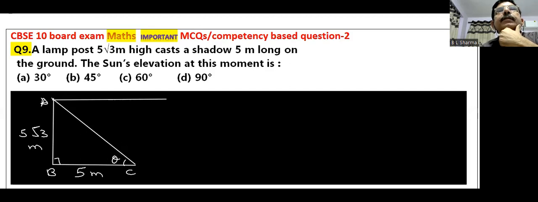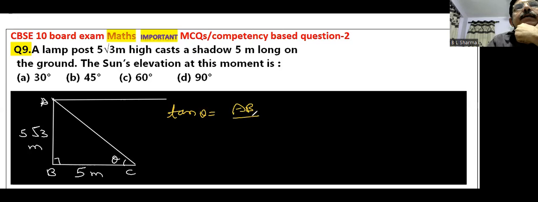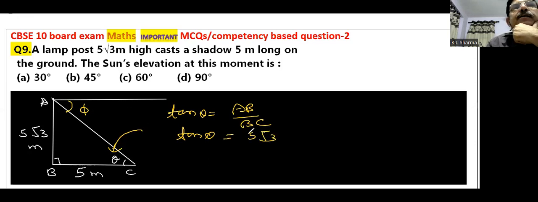See, here in the right angle triangle we know that tan theta is equal to AB upon BC. The sun's altitude and this angle are alternate angles, and both angles are the same. So AB is 5√3 upon 5, 5 and 5 cancel, so that is √3.